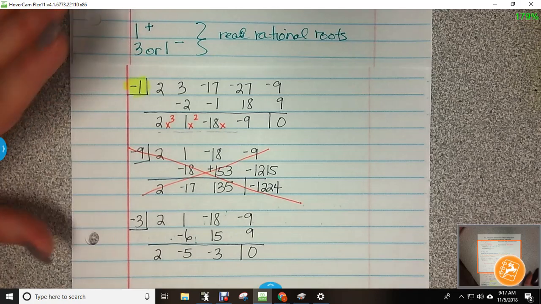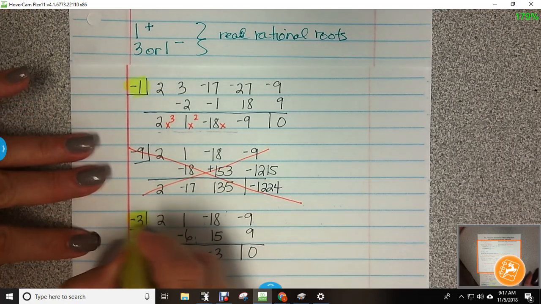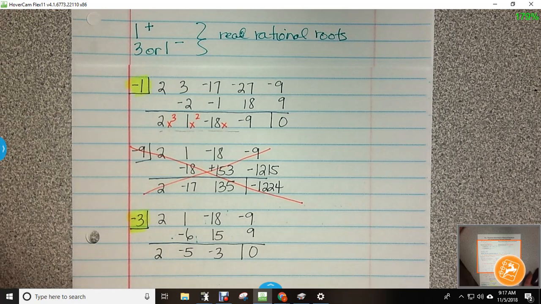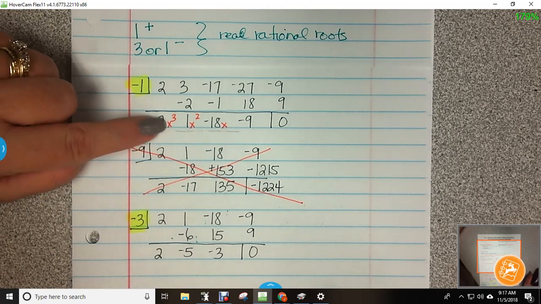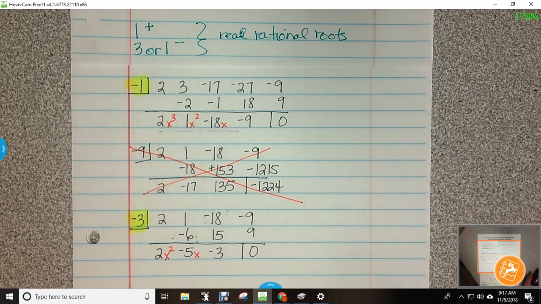And this time I get a remainder of 0. So this is a root. And now I have gone from x to the 3rd, this is going to be a 2x squared minus 5x minus 3.